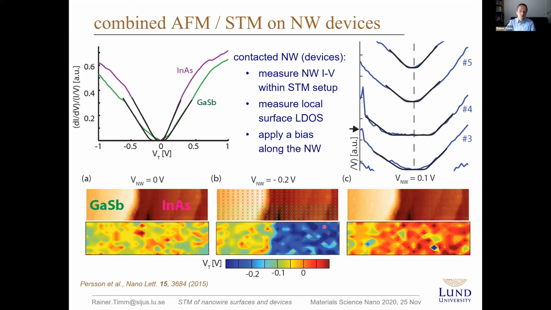If we now apply a negative bias to the indium arsenide part, we have a sharp drop of the applied potential at the material interface, because this is now where the highest resistance is. If we instead apply a positive bias to the indium arsenide, we have a forward direction for this material junction, and instead the applied bias drops within the gallium antimonide part, which now has the largest ohmic resistance within this entire circuit.